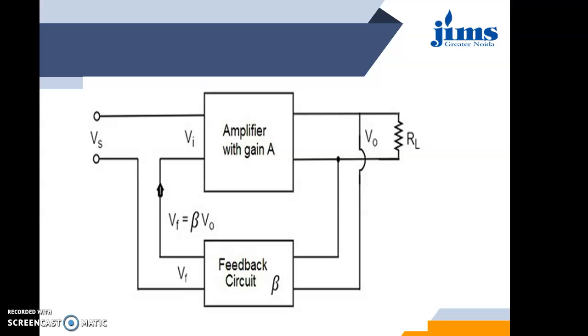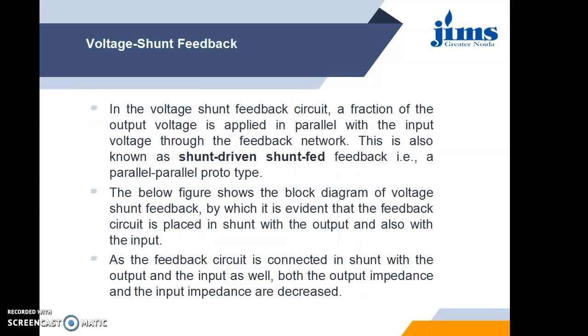The input to the amplifier is Vi and the output of the amplifier is V0 taken across the load RL. The feedback network has the feedback factor of beta, and the output of the feedback circuit is Vf, which is equal to beta times V0, and in negative feedback mode this is given as minus beta V0. The overall input voltage source is given by Vs.